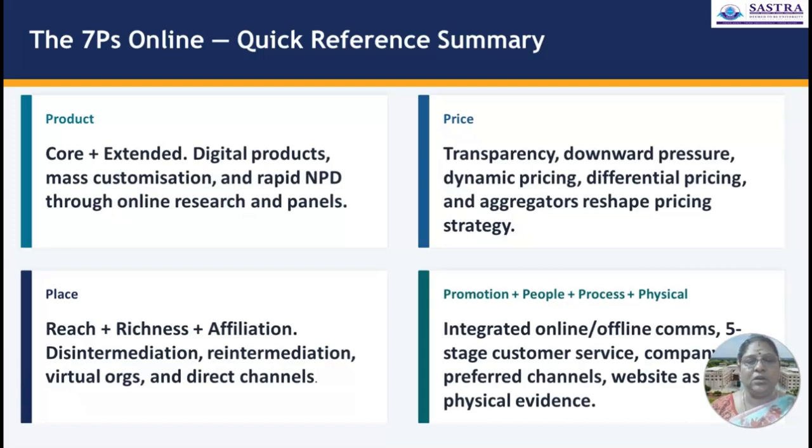And the place, where it is reach plus richness plus affiliation. This is the disintermediation, re-intermediation, and then the counter-intermediation, also the virtual organizations are the key phenomena of the place.